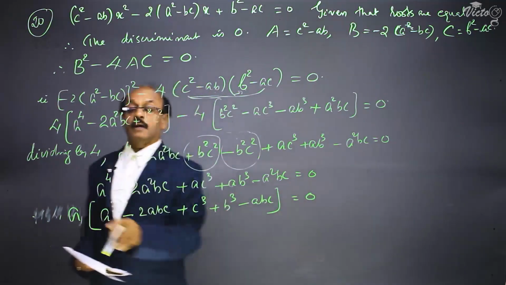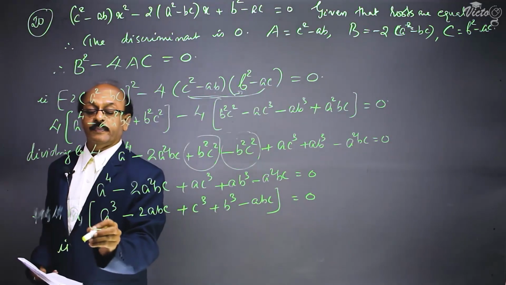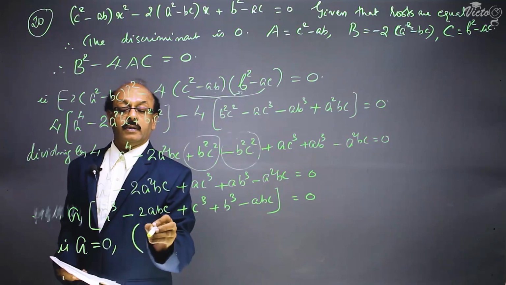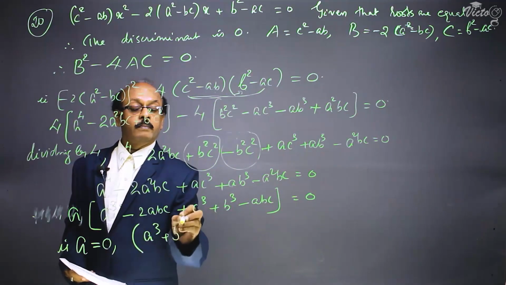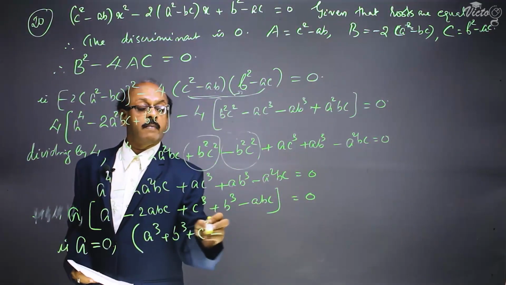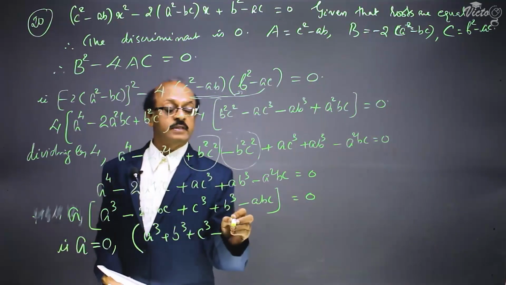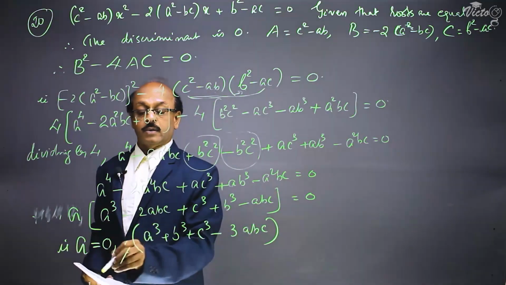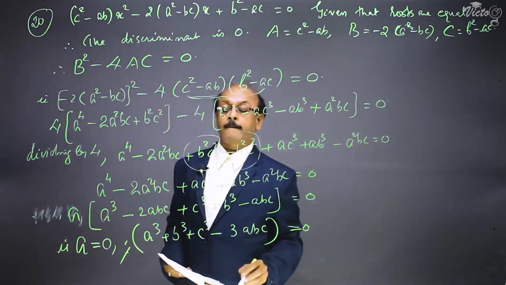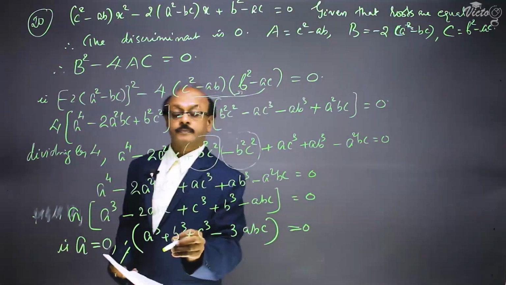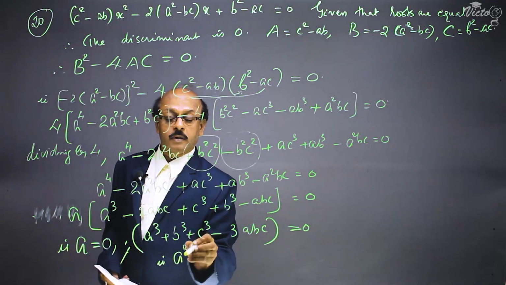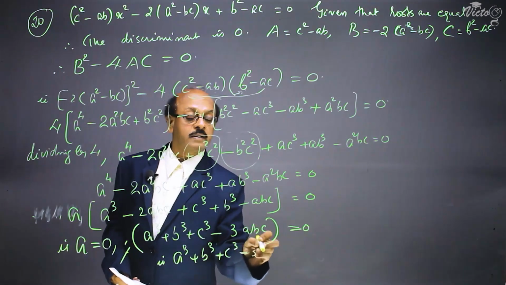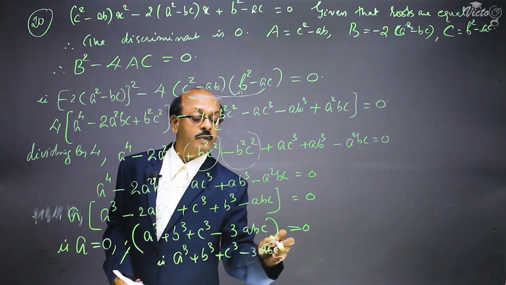That means either a is equal to 0, or a cube plus b cube plus c cube minus 2abc minus abc, which is equal to minus 3abc. Either a is equal to 0 or this quantity is equal to 0. That is, a cube plus b cube plus c cube minus 3abc is equal to 0.